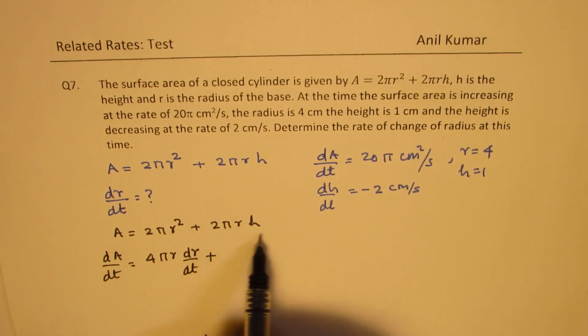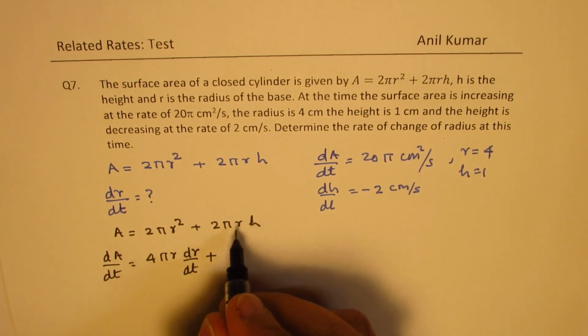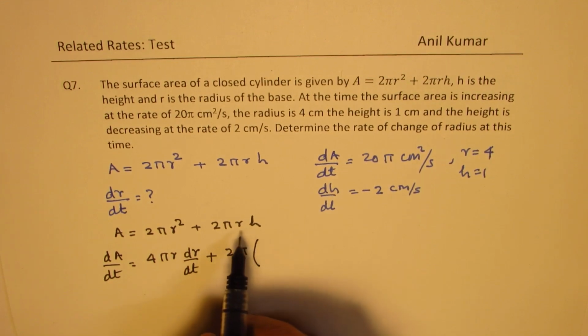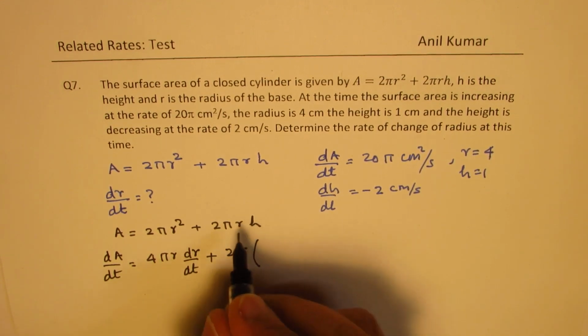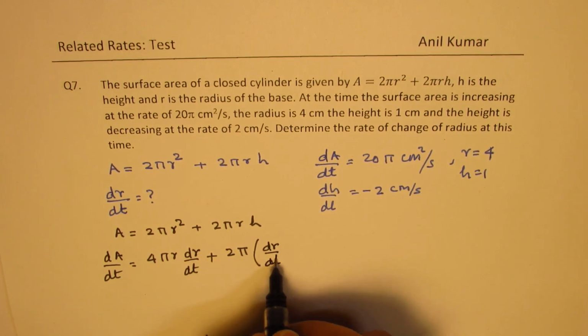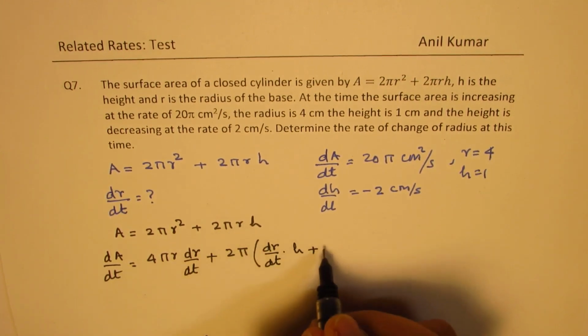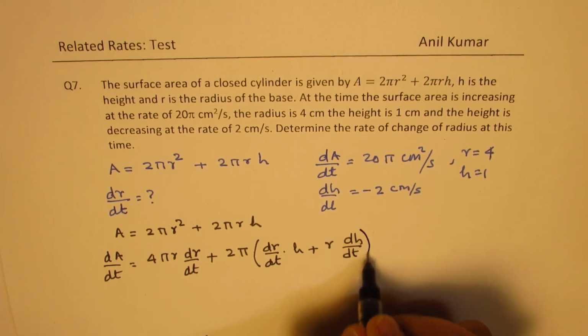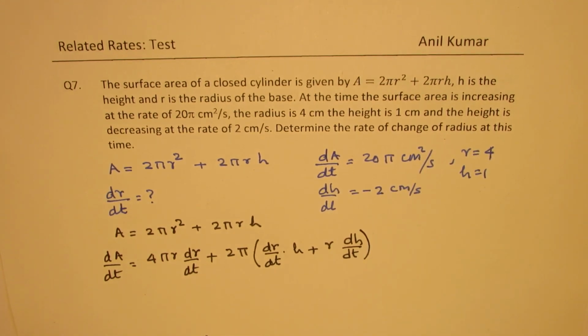So we'll have to use the product rule in this particular case. So we get 2 pi is a constant, and r and h. So the derivative of r is dr/dt times h plus r times dh/dt. Is that clear to you?